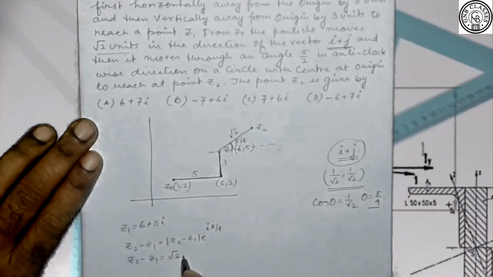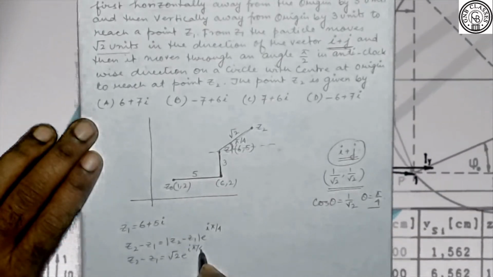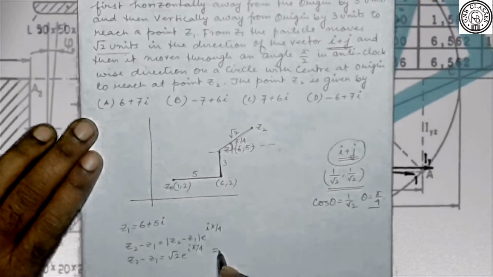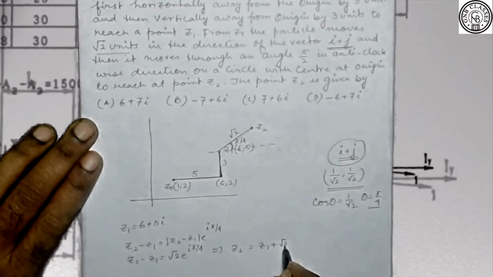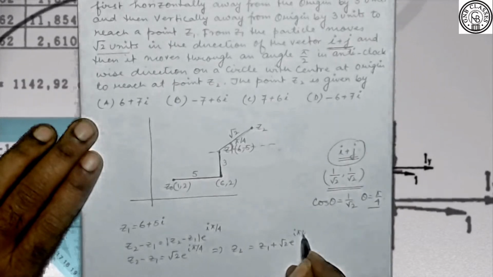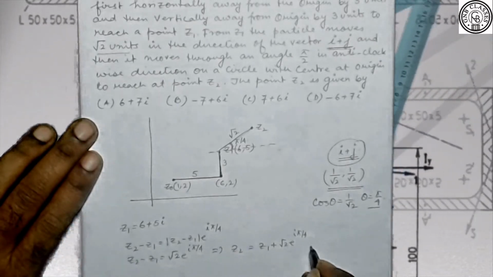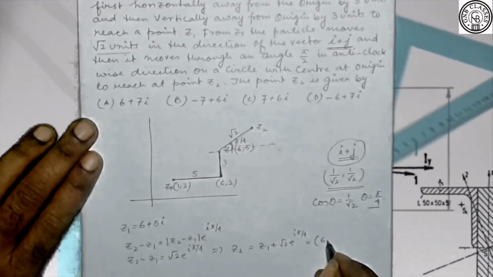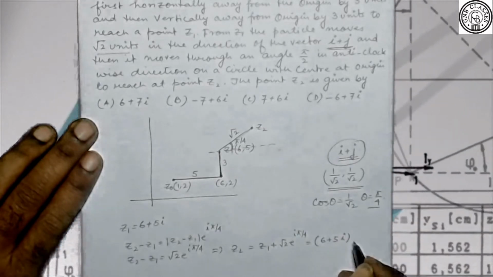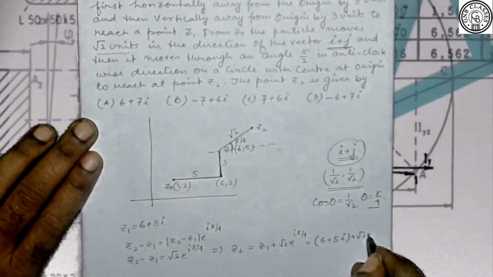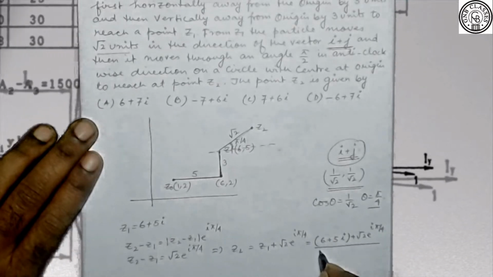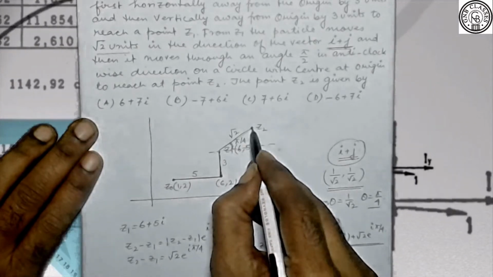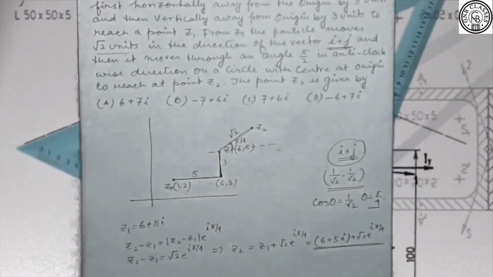So it is root 2 e to the power iota pi by 4. So Z2 is nothing but Z1 plus root 2 e to the power iota pi by 4. Z1 is 6 plus 5 iota, so Z2 is 6 plus 5 iota plus root 2 e to the power iota pi by 4, and that is the position of the complex number Z2 on the Argand plane.